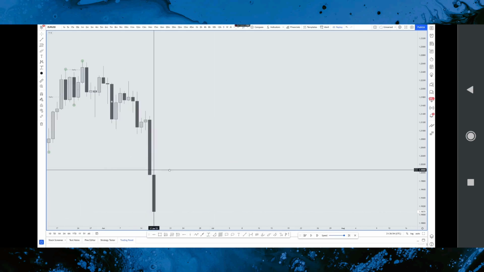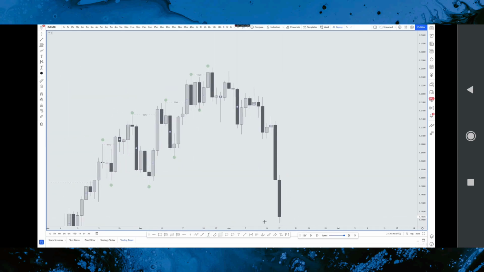And if we look at this in a little more detail, you can see that this being the low here, this point didn't just get barely taken. This candle completely smashed this low out. In fact, it is the biggest bearish candle we've had in quite some time. So you could say there's some serious momentum to the downside.